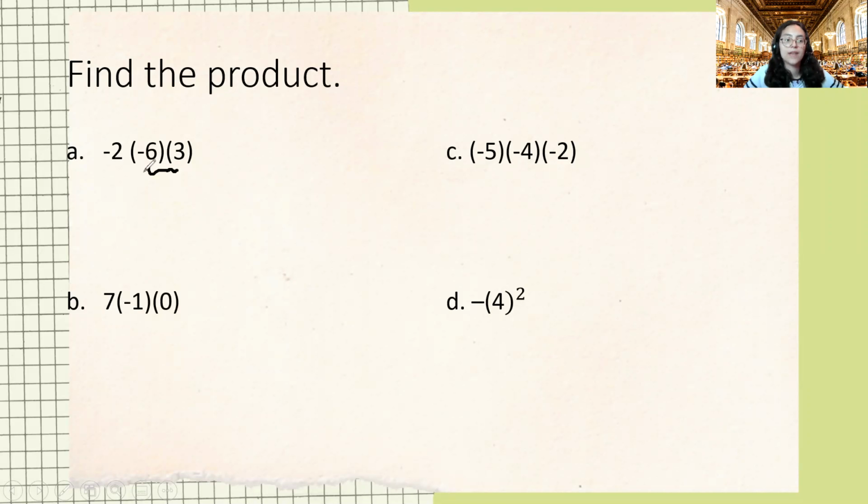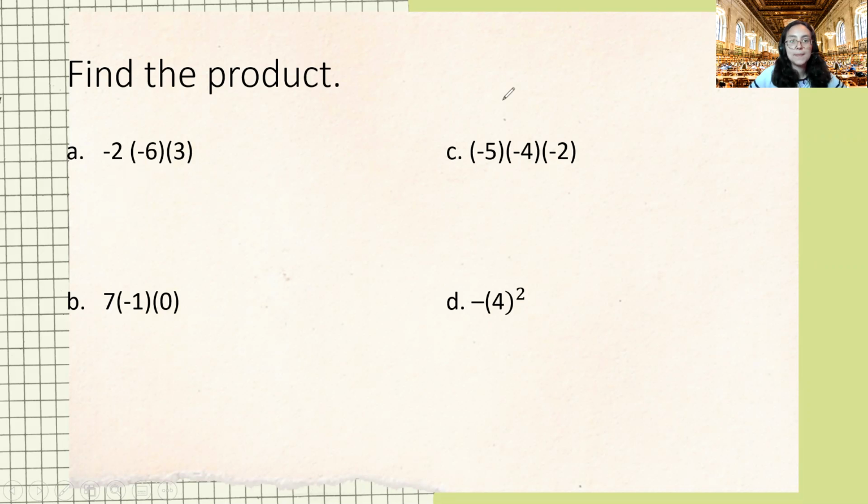And that's totally fine, because we're going to get the same answer. Or maybe someone else will say, I don't want to multiply just left and right. I'm going to multiply -2 and 3. And then I'm going to multiply -6. Okay. So either way, I would encourage you to do it as many ways as you like, to really prove to yourself that it will give you the same answer.